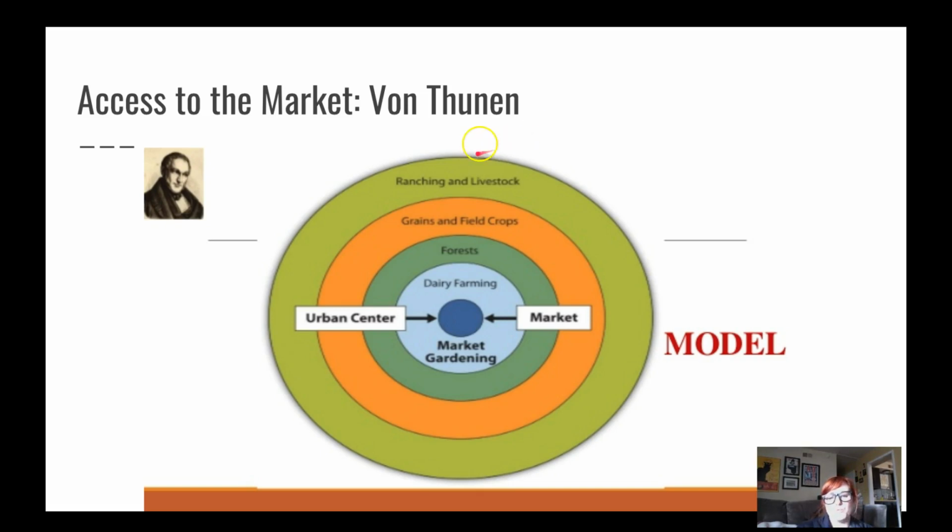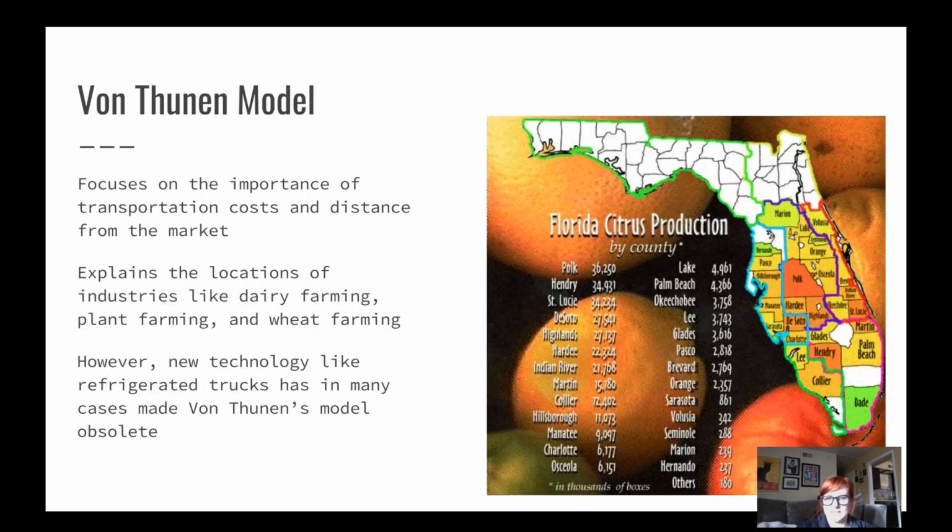I think we would still say that most of ranching and livestock does happen in rural areas, but there's lots of reasons why this isn't as accurate as it is today, and I'm going to go over some of those reasons. Okay. So again, the importance of transportation cost is what Von Thunen is based off of. Sometimes I say Von Thunen, but I think it's supposed to be Von Thunen. The H is silent like Neanderthal or apartheid.